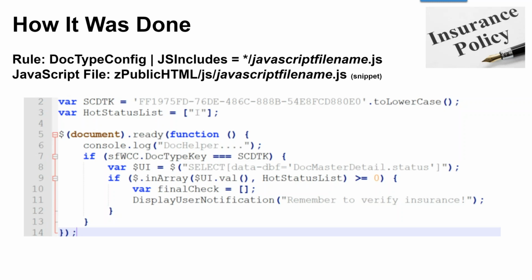And because it's right there on the person's workstation, it can watch the values of fields and be extremely responsive and put something like a message on the screen at the right time, as you just saw in the previous picture. So this is a snippet. You need a little help deploying it if you wanted to do something like this, but it's a great first example because of its simplicity. It's just based on the fact that it's a subcontract and it's still in process.